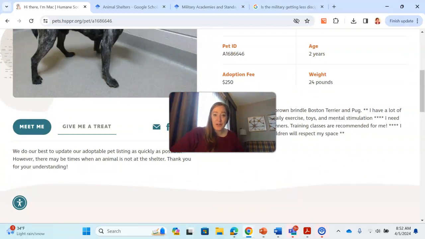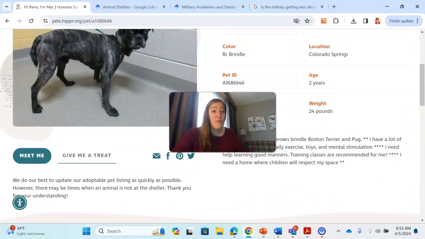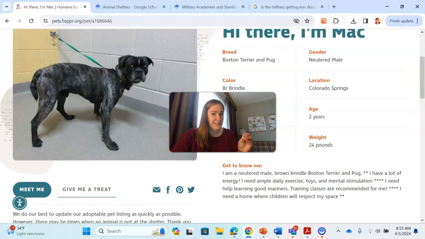It's in the first person, and it's trying to capture the high energy nature of this dog. Notice all of the asterisks. I have lots of energy! I need daily exercise! Mac is a high energy guy who needs training classes. And he needs a home where children will respect his space. So he probably needs a home that doesn't have little kids.